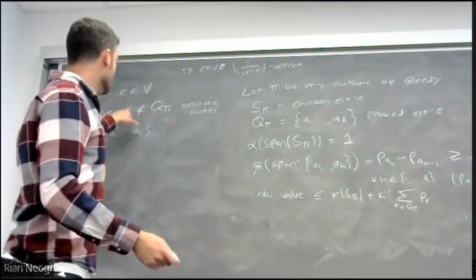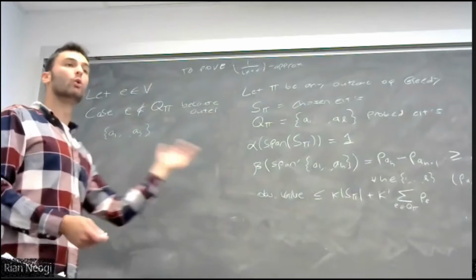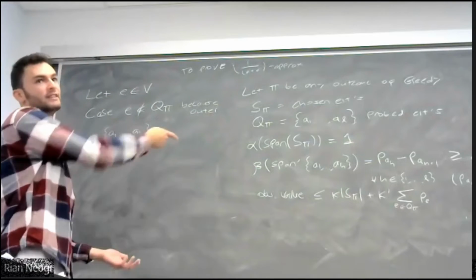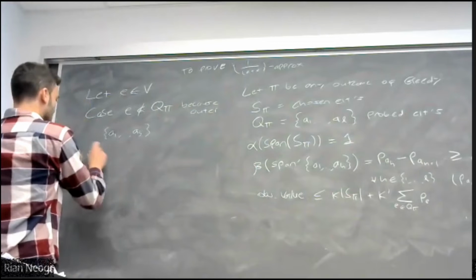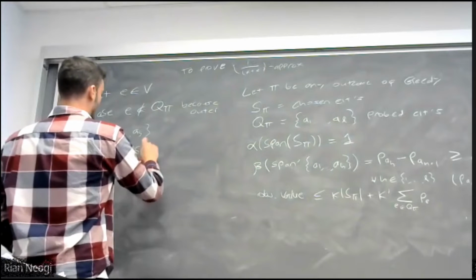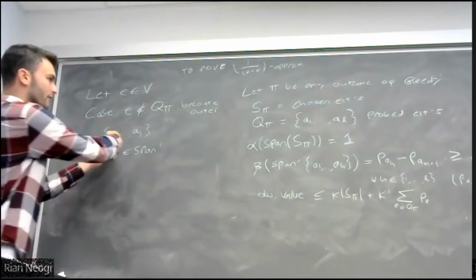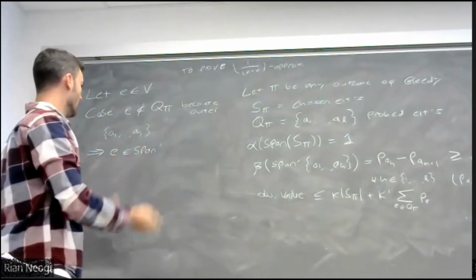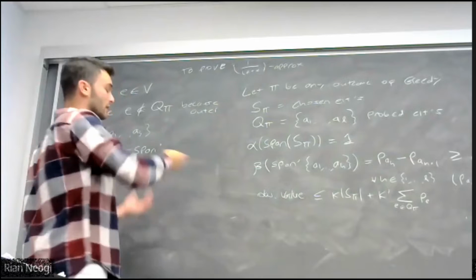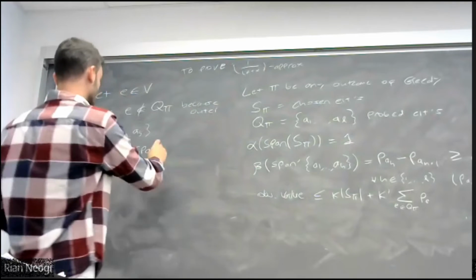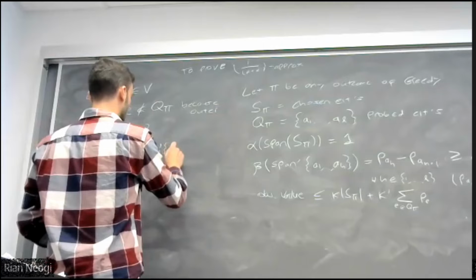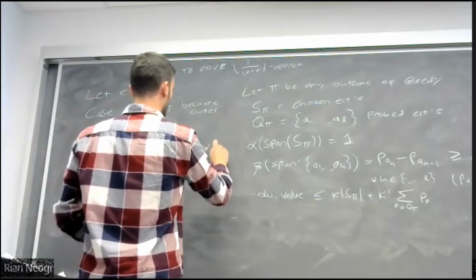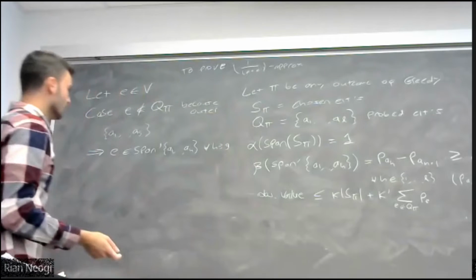But then when we add E to this set, it's no longer independent, or that E is in the span prime of this set. And actually, E is in the span prime of any larger set that contains this one that's still independent. It couldn't increase the rank of that either. So E is in the span prime of A1 up to AH for all H at least G.